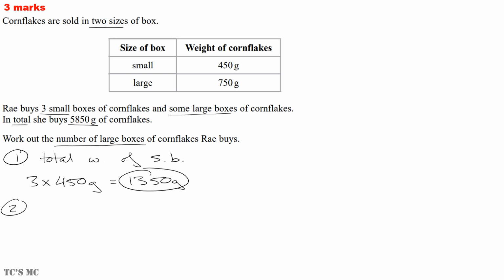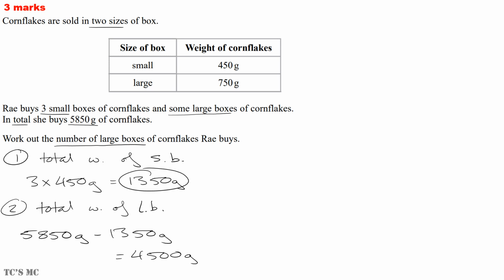Step 2, we need to work out the total weight of large boxes. Remember, the overall weight is 5,850. So we will do that, subtract the 1,350 grams. That gets us 4,500 grams.